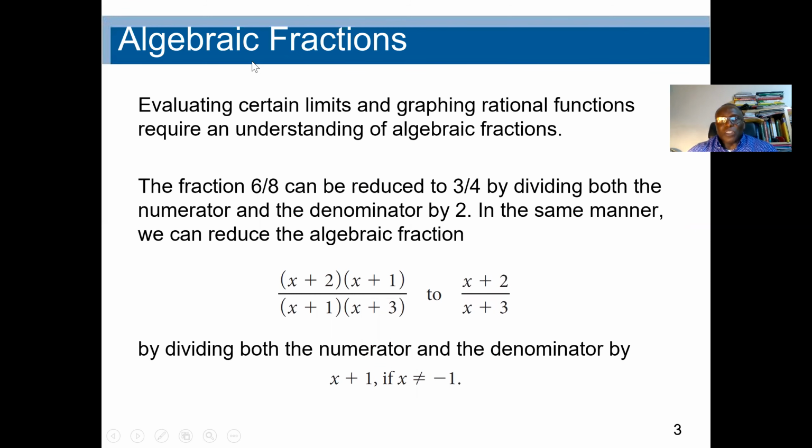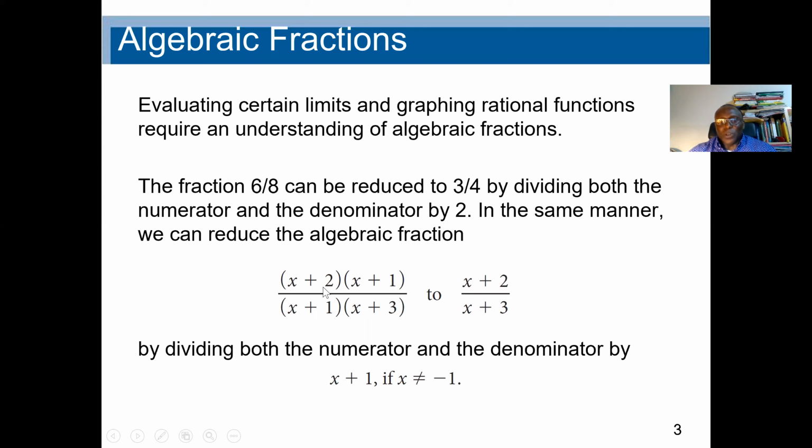So algebraic fractions: anytime we have a fraction, it normally means a numerator divided by a denominator. So we know a fraction can involve multiplication, addition, subtraction. The example they gave us here: a fraction can be 6 by 8, where 6 is our numerator and 8 is our denominator, or 3 by 4, which means we can reduce 6 by 8 to 3 by 4.